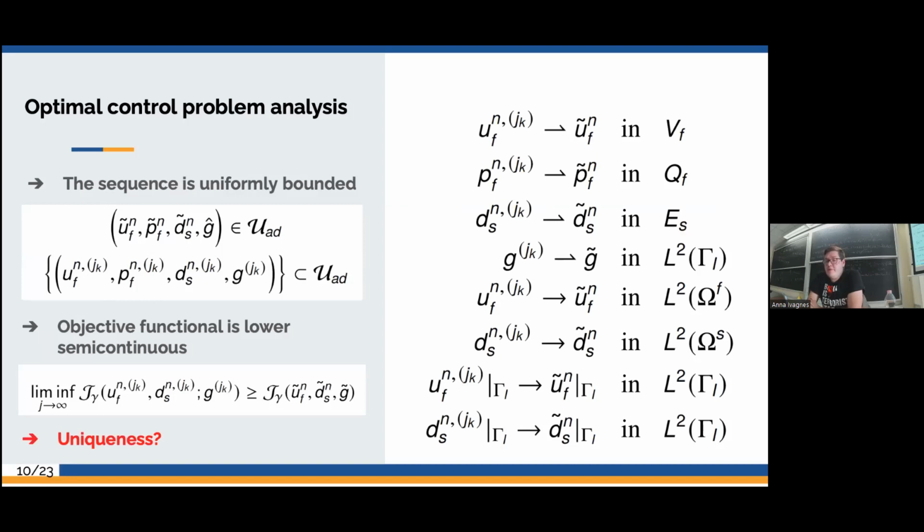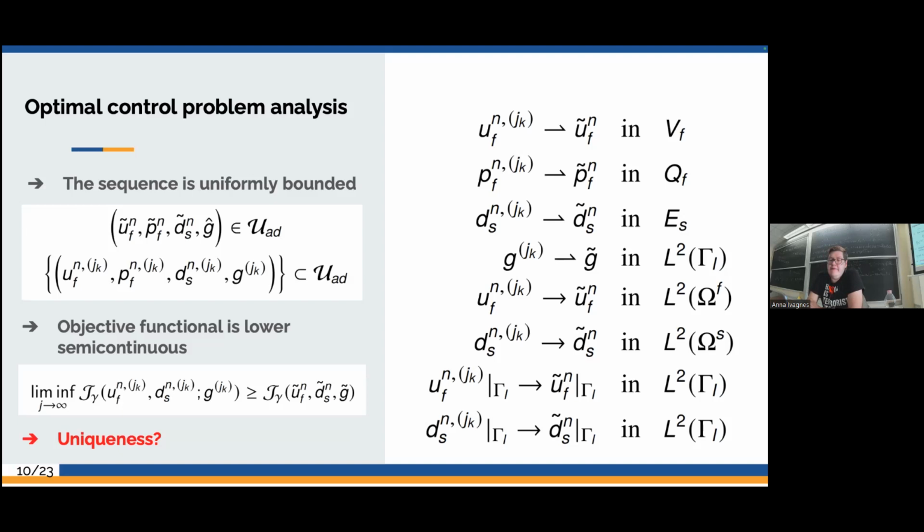Now comes the problem of uniqueness. Actually, it's a very hard task, and we couldn't prove it analytically, because first of all, the fluid problem and the structure problem are very complex in themselves, and we have uniqueness of the solutions only when we impose very smooth data.